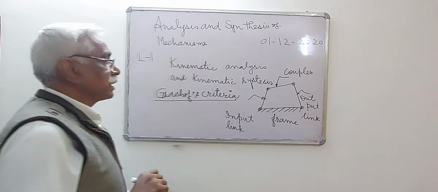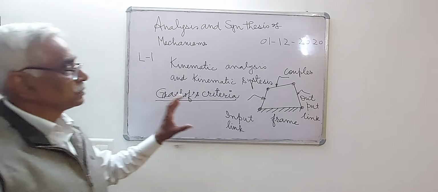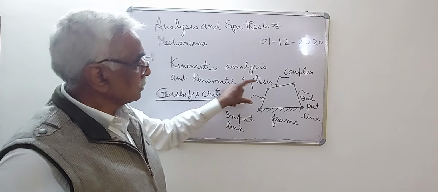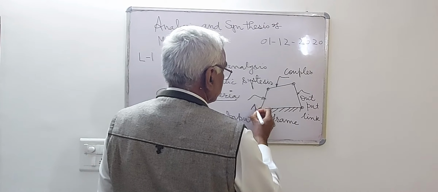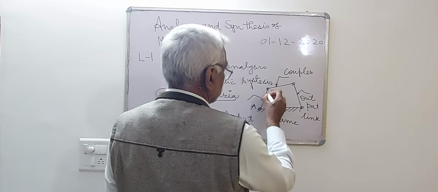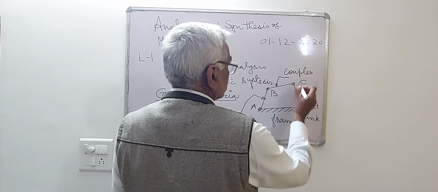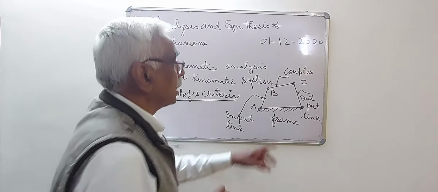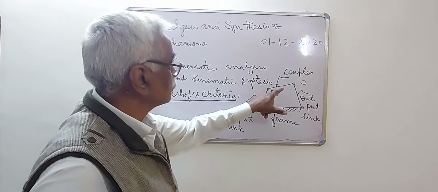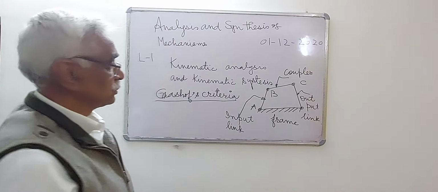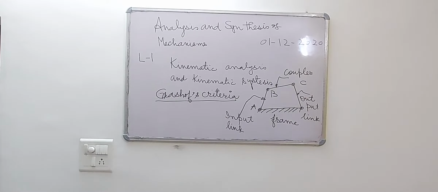A four-bar linkage having four links can be specified like this. AB is an input link. BC, which makes the connection between the output link and the input link, is known as the coupler, and the fixed part is known as the frame. It is a four-bar mechanism.